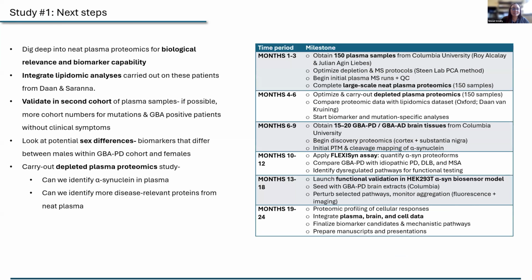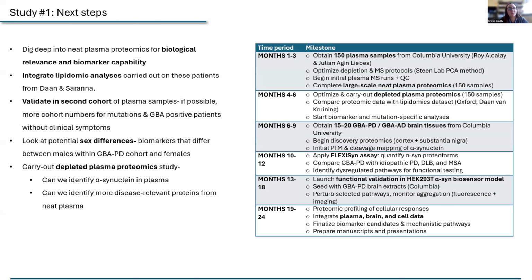So for the next steps, as I mentioned previously, a lot of the proteins that we have found need to be validated. We need to dig deep into this data set and look for any biological relevance or biomarker capability.